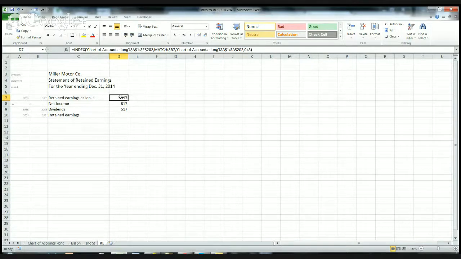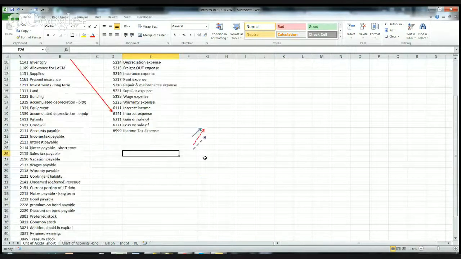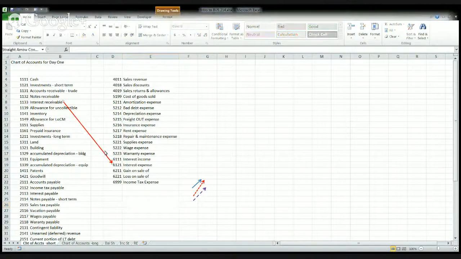Now, before we wrap up for today, I want to look at a couple of things. These are the accounts that we're playing with today, a few more, but I want you to see the relationships and think about it so you don't memorize it.